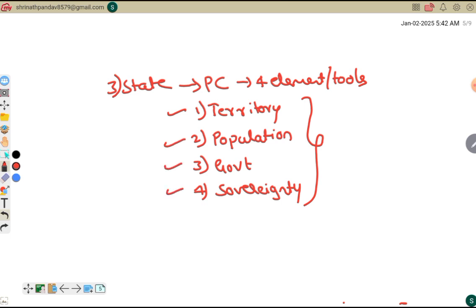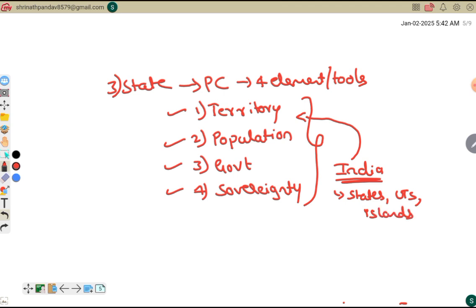For example, if you take India, it has its own territory. Territory includes states, UTs, islands. This is what Indian territory consists of.